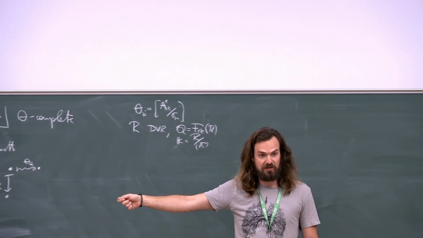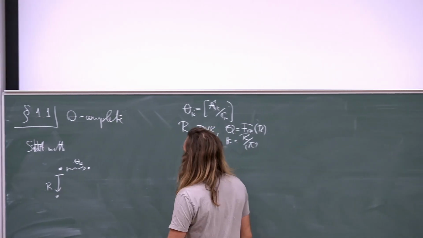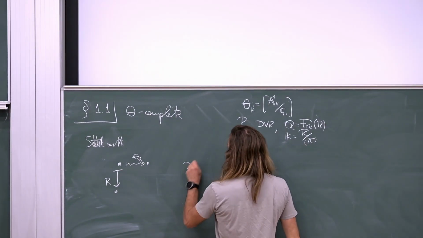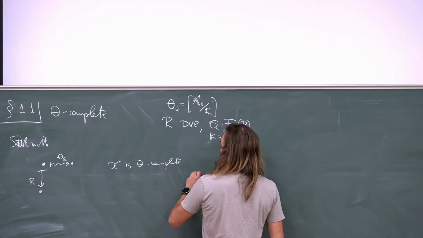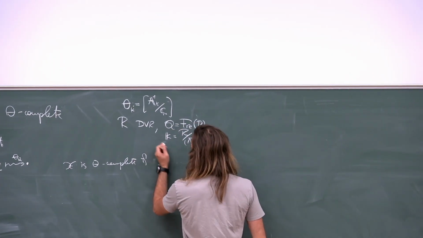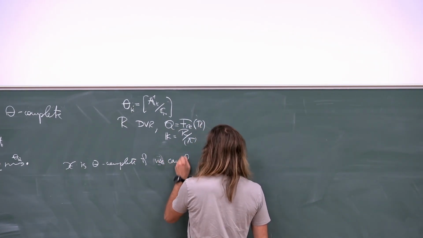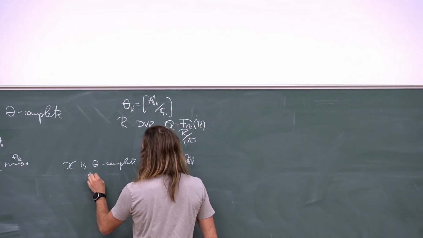So there should be a nice isomorphism between these two. So essentially X is theta complete if we can fill out the diagram.